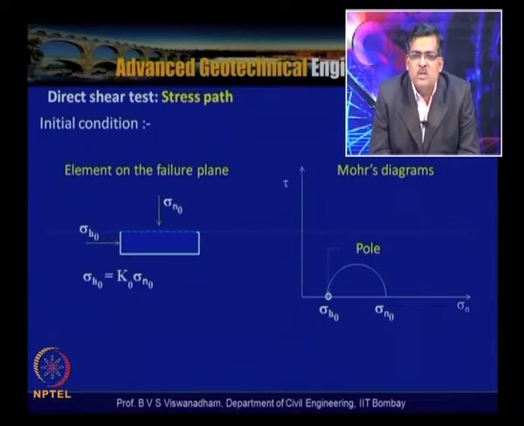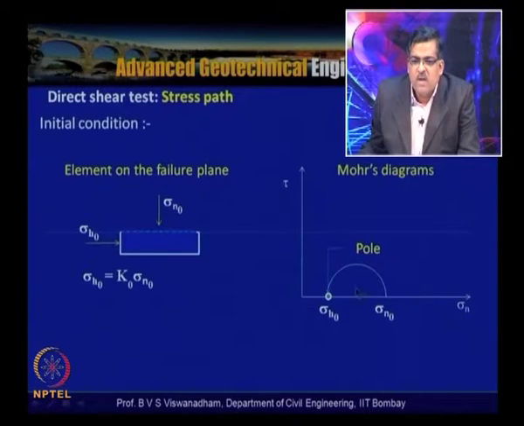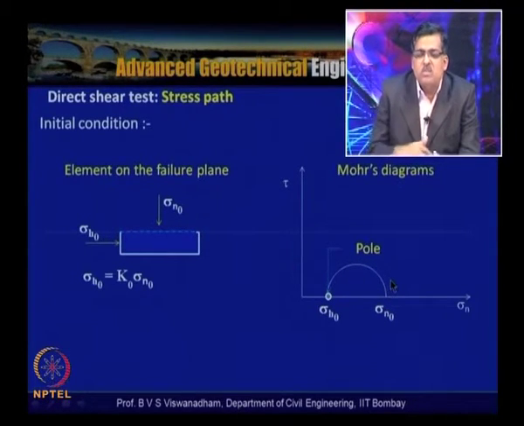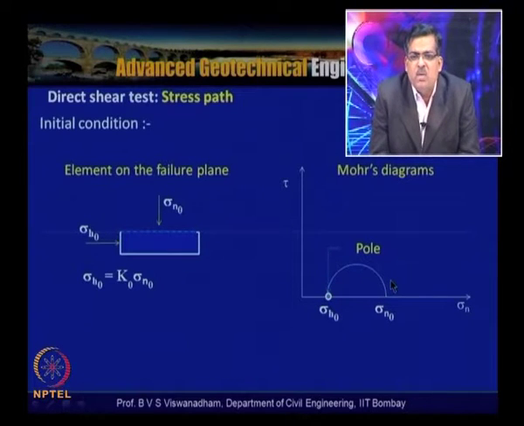So 50 kilopascals into 0.5, 25 kilopascals will be there. When we draw that with the normal stress sigma n0, this is called the initial Mohr circle, and it is well below the Mohr-Coulomb failure envelope, which we have discussed is regarded as the stable condition.